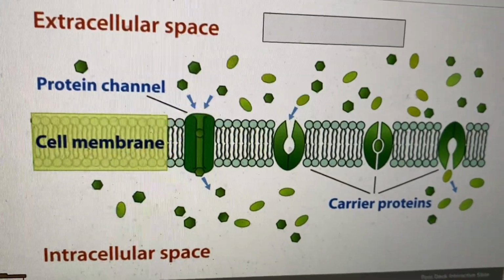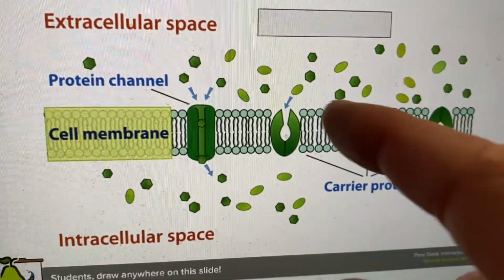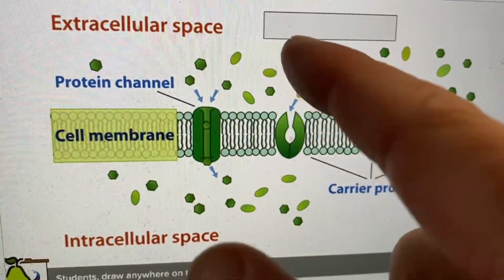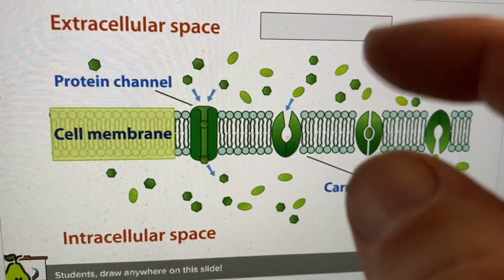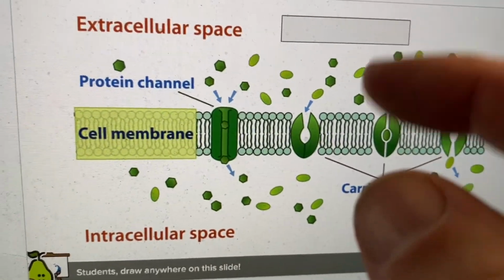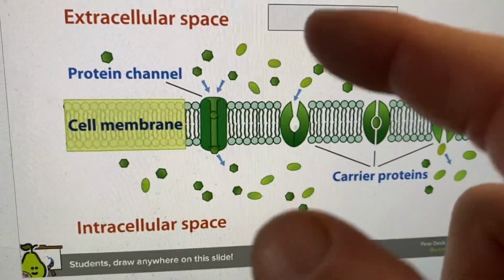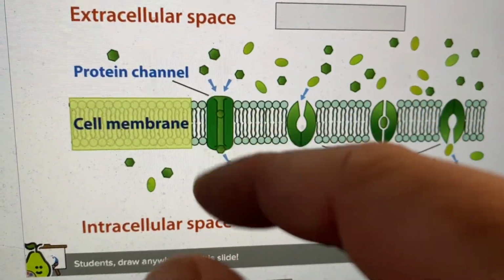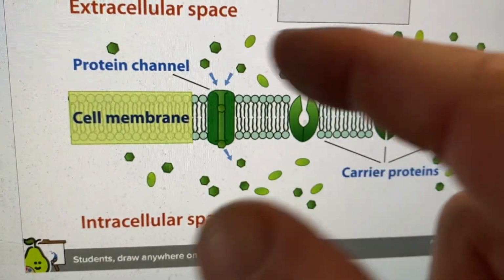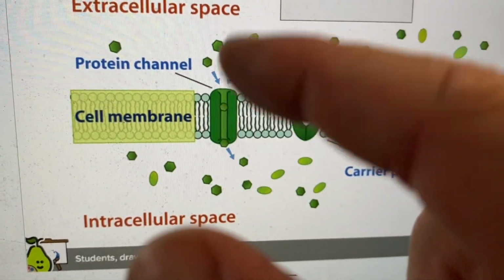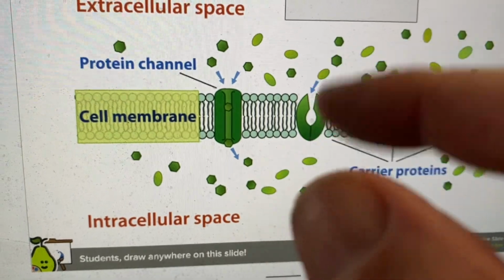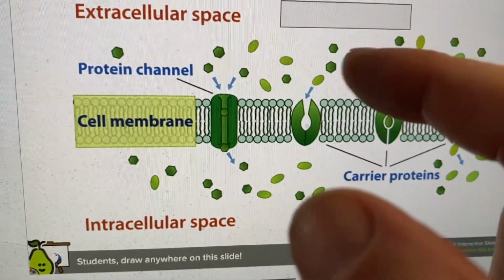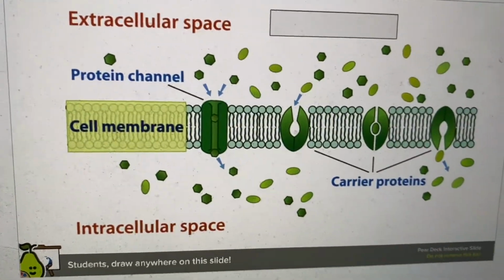Facilitated diffusion is when the same thing happens, except for large things or things that are polar, like water molecules, which can't get through the membrane, so they have to travel through a channel. That's facilitated diffusion. They travel through a cell membrane protein, either a channel or carrier protein, to move from areas of high concentration to areas of low concentration, right?